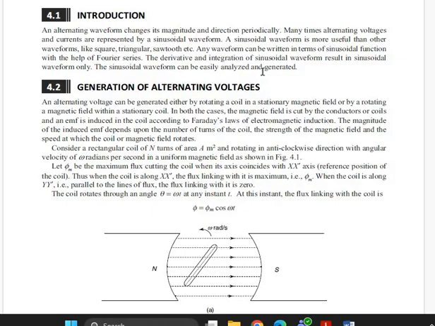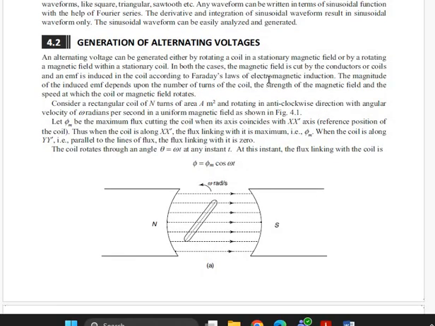The derivative and integration of a sinusoidal waveform result in a sinusoidal waveform only. So for analysis purposes, this is very helpful for analyzing wave equations. The sinusoidal waveform can be easily analyzed and generated.